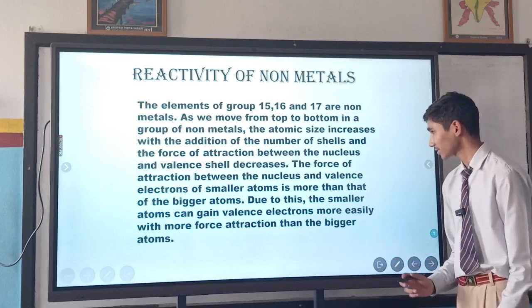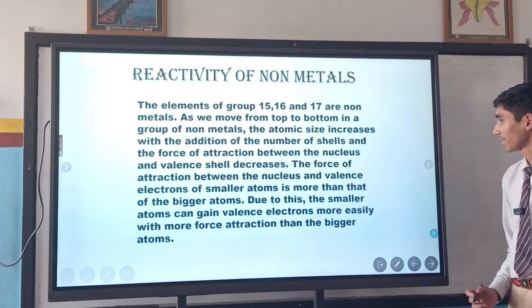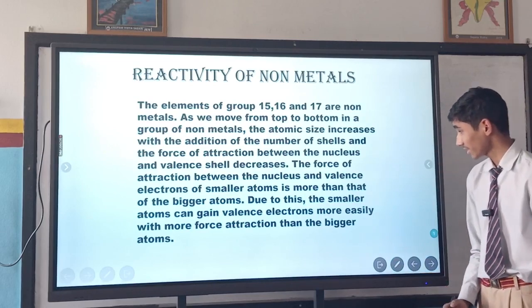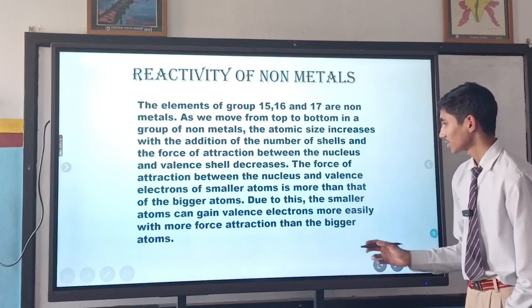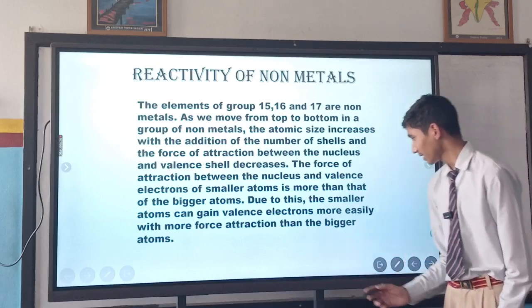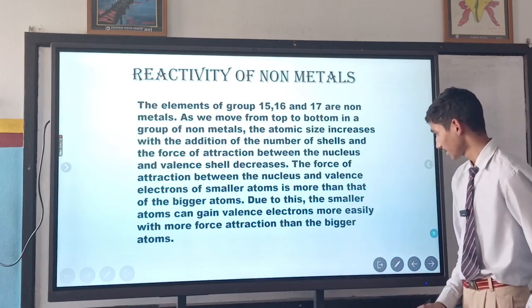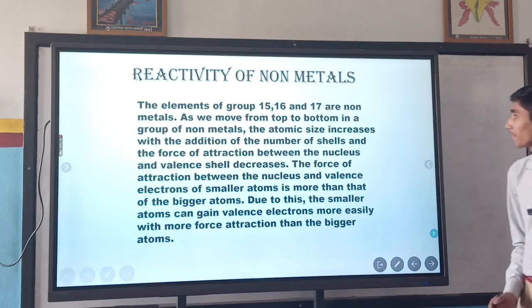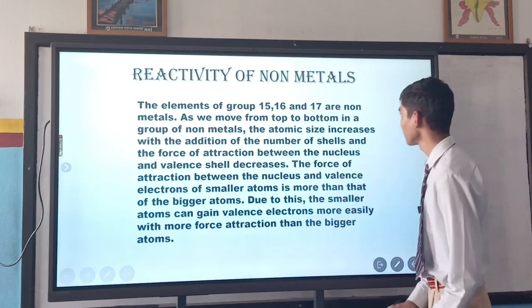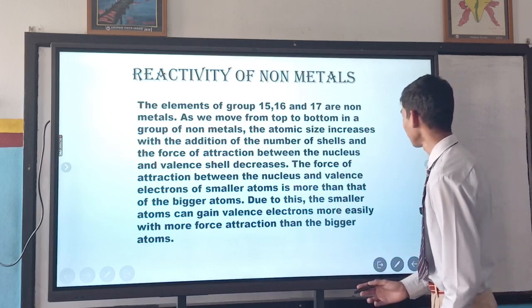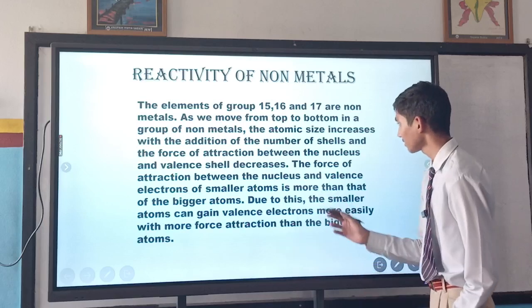The force of attraction between the nucleus and valence electrons of a smaller atom is more than that of bigger atoms. Due to this, smaller atoms can gain valence electrons more easily with more force of attraction than the bigger ones.